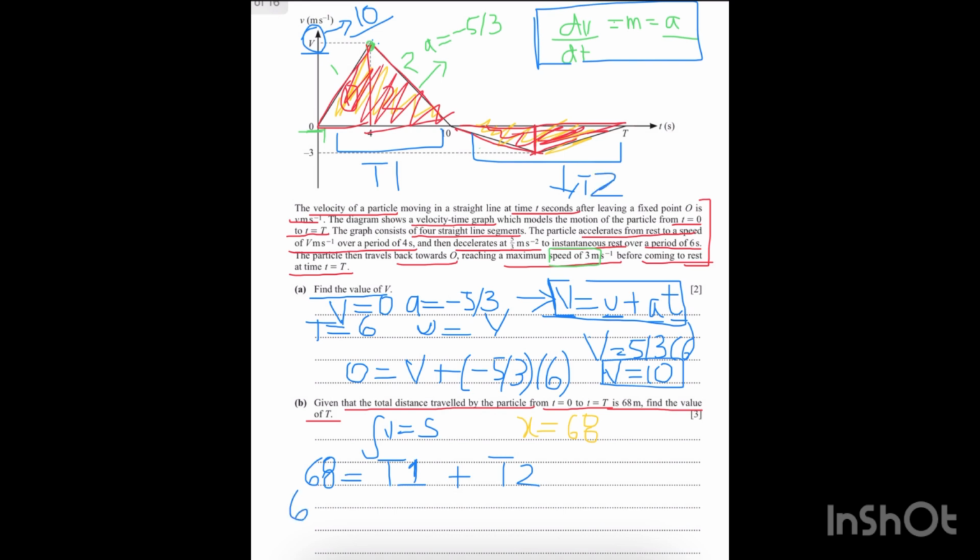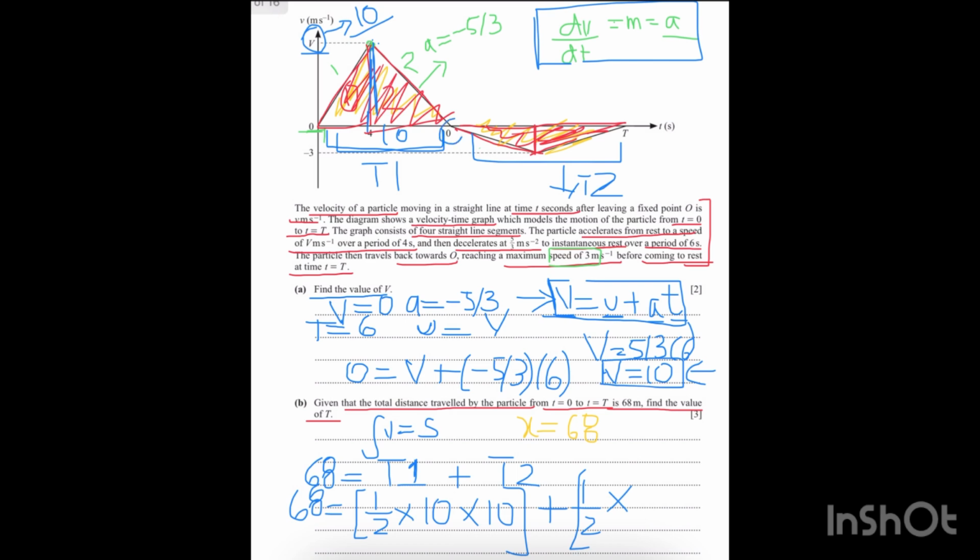So that means 68 is equal to, so the area of the triangle is half times base times height. For triangle 1, that is half, the base is these 10 seconds, and the height is the value of v, which we found out as 10 in the previous part. And then the area of triangle 2 is half times the base, which is this.